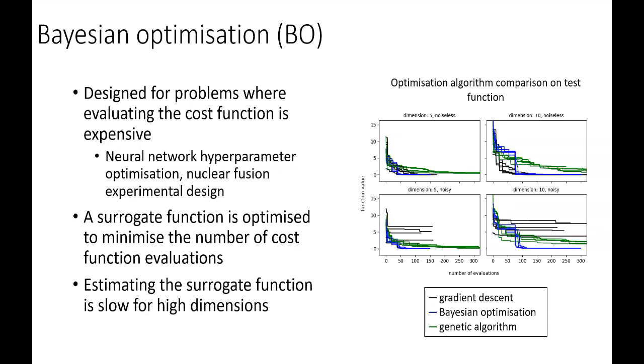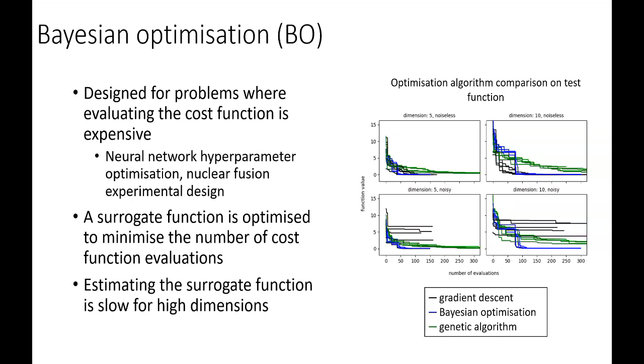The idea behind this method, right, is that it is designed for optimizing systems that are expensive to run, right? So a system where it's expensive to evaluate the cost function, right, we would use this method known as Bayesian optimization. So a few examples are, it's used in optimization of neural network hyperparameters, right?